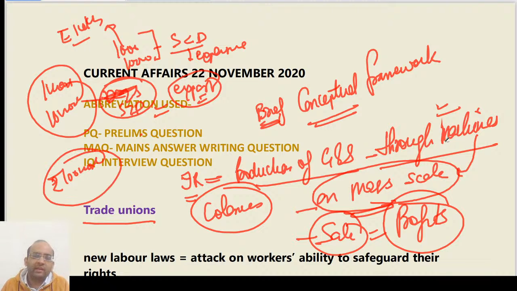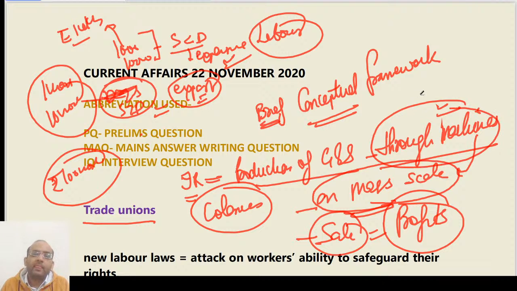But the thing to understand is, in the earlier process labor value was more. Without labor you cannot produce anything. But in the new production mechanism, labor value is very less. Labor role is very less. Without labor you can produce your things. The only thing you need from the labor is to operate the machines. So earlier labor took the maximum share of the profits.